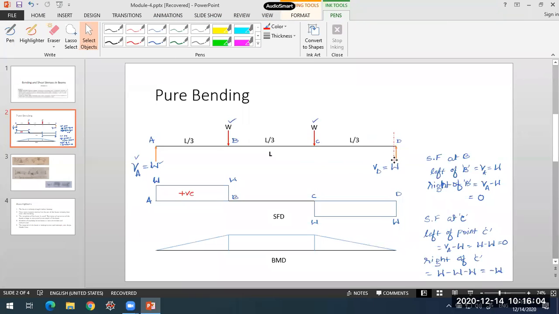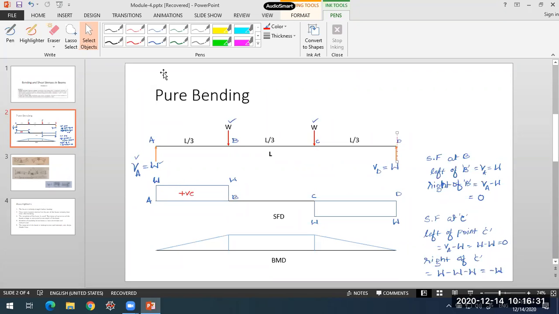Once you move ahead of point D, when you cross this reaction at D, it comes to 0. That is plus W minus W minus W, and this is also upwards plus W, so that reduces to 0. So this is how the shear force variation takes place in this particular beam. Is that clear for you?